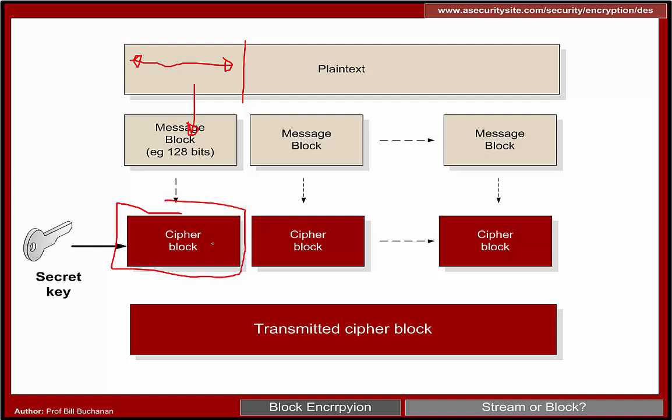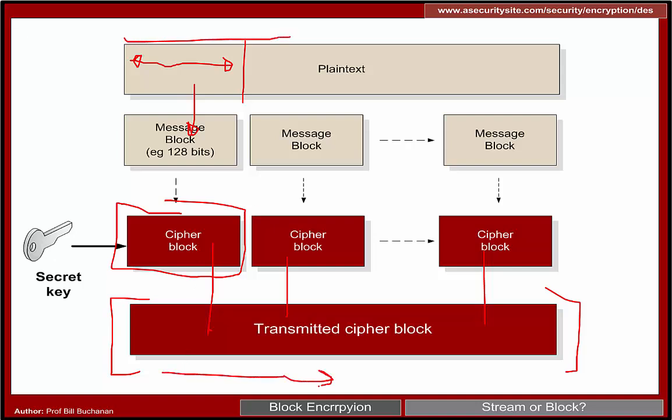Then each of these gets added on, and we end up with a whole big chunk of ciphertext. In this way, the more data that we have going in, the longer the cipher block will be. So you can actually tell how much data has been encrypted purely by the size of the cipher block. If it doesn't quite fit into the 128 bits, then we have some padding at the end of just rubbish data that's really just ignored on the other side.